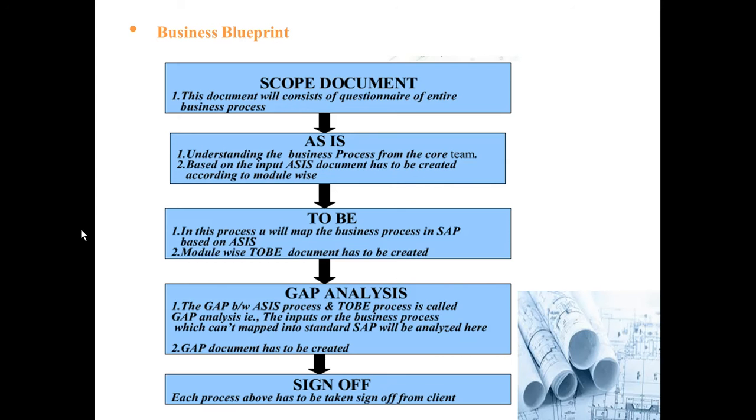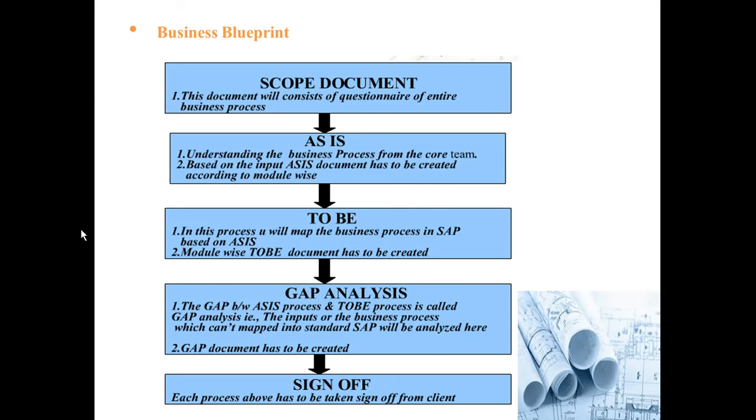The third stage here is written as gap analysis. Gap analysis means the business may need 10 different things: good to have, nice to have, must have, those types of processes. Once you go for implementation, you might not be able to give 10 different processes, or you can say, okay, I can give you one process, but inside that process I include all the sub processes.